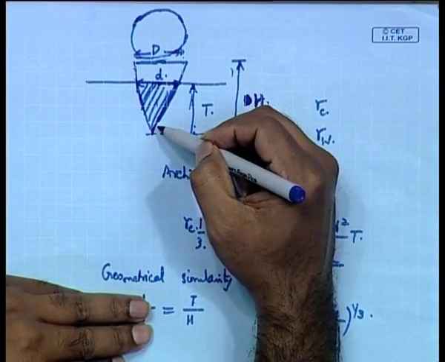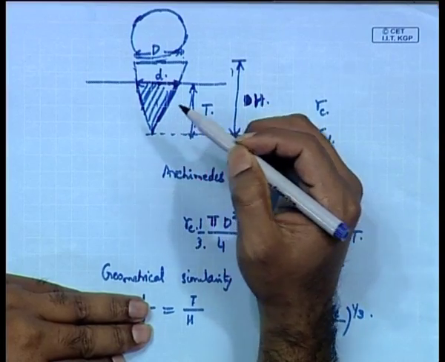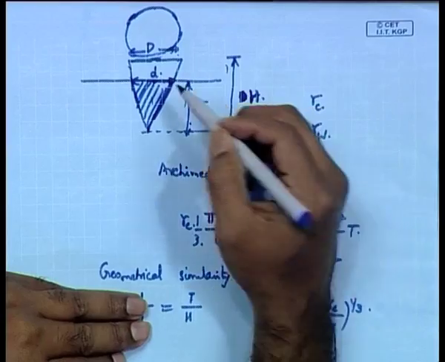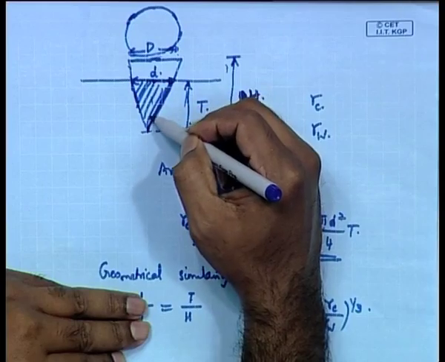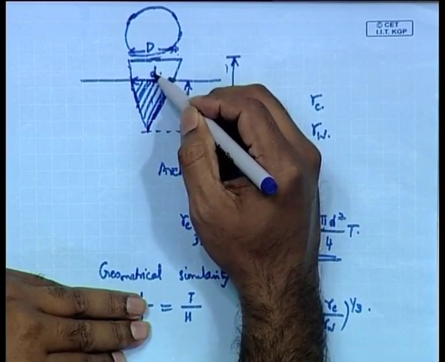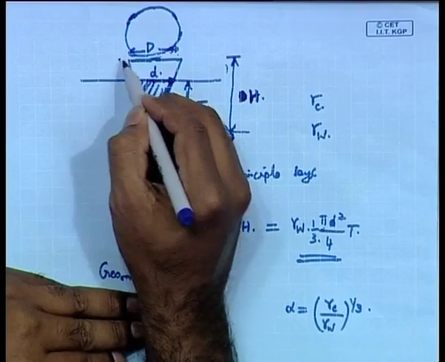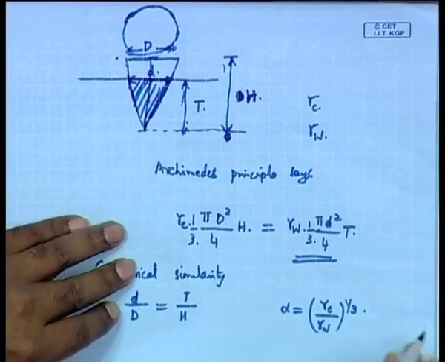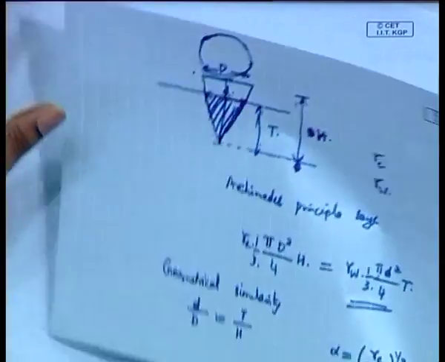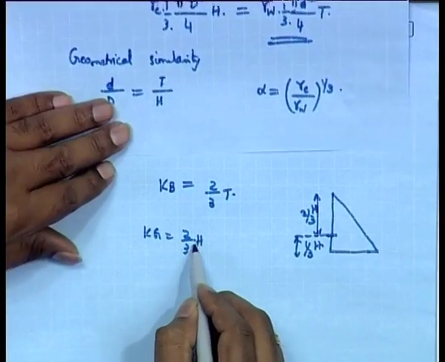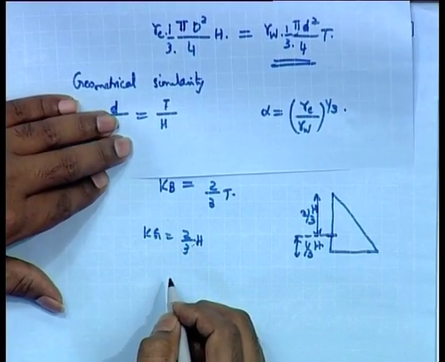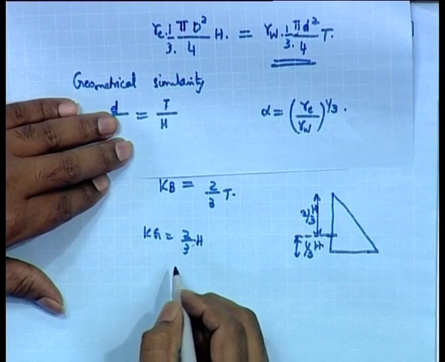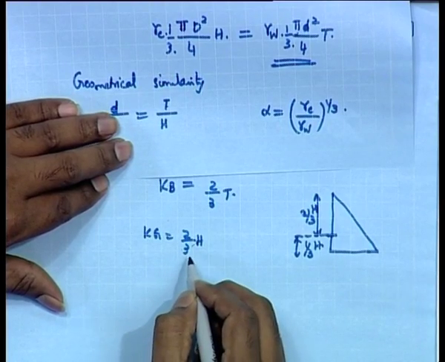Remember, we are talking about the center of gravity of the whole cone, so that will be at 2 by 3 of the whole distance h from the top, and 1 by 3 from the other side.